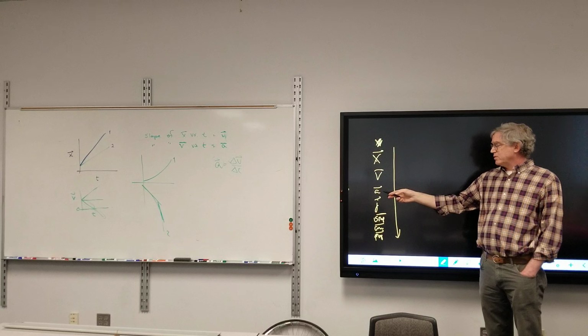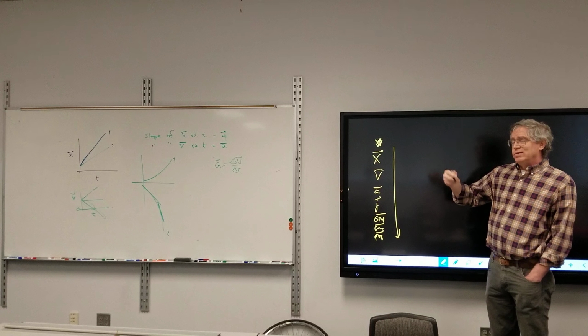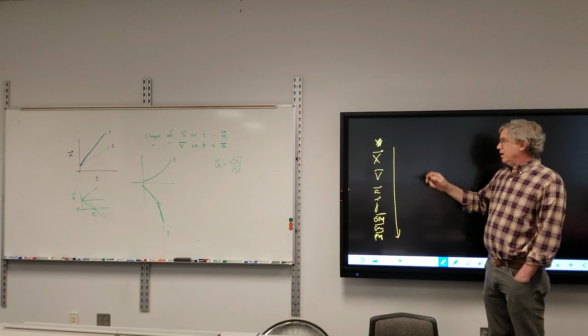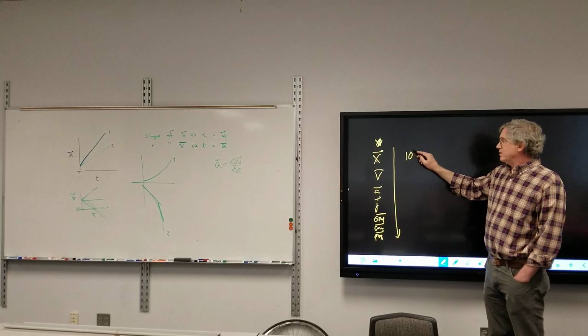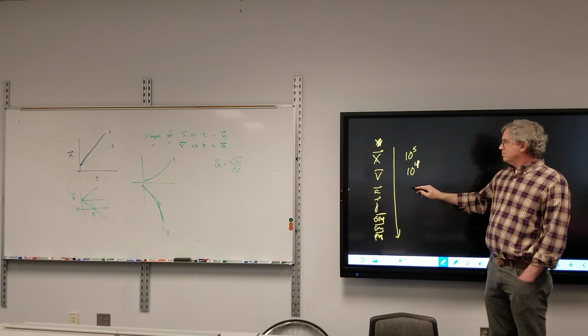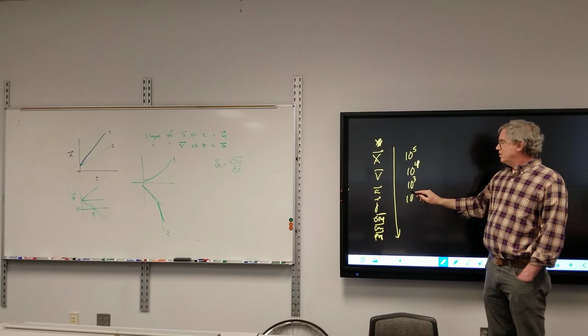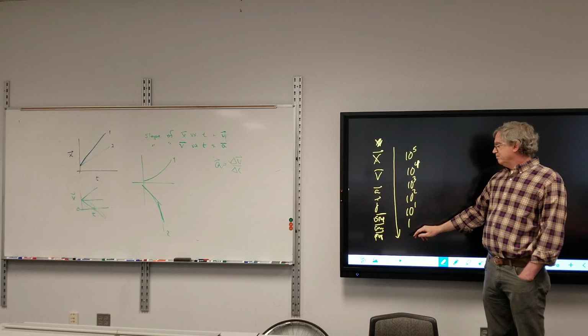From that, I find the acceleration graph, the jerk graph, and so on. I'm going to decrease the polynomial by 1 every time. So if this is something times x to the 5th, this will be something times x to the 4th, then x to the 3rd, x squared, x to the 1st. That'll be just some constant, and the next would be 0.